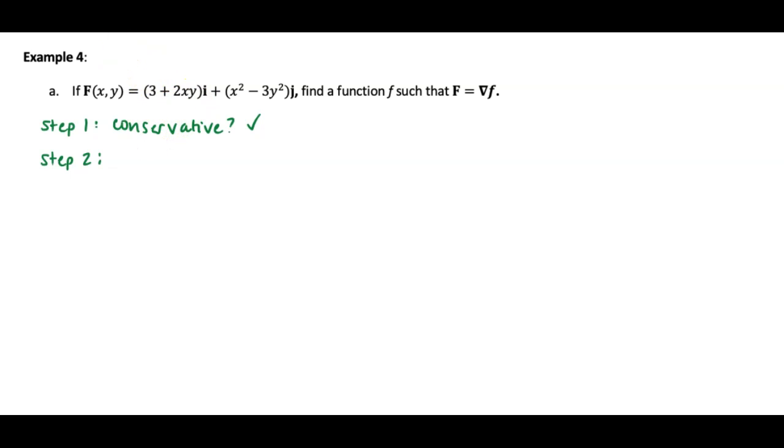And so I know that P is equal to 3 plus 2xy. Because this is a gradient, I know that this is f of x, y. This is the partial derivative with respect to x and y. So our partial derivative with respect to x is 3 plus 2xy. Now if this is the partial with respect to x, how can I get to the initial function? Well, I can integrate this.